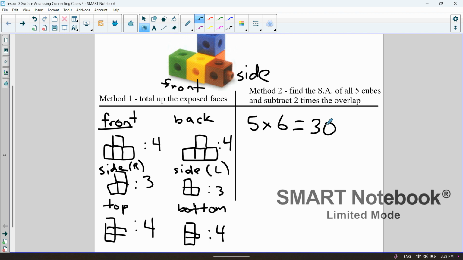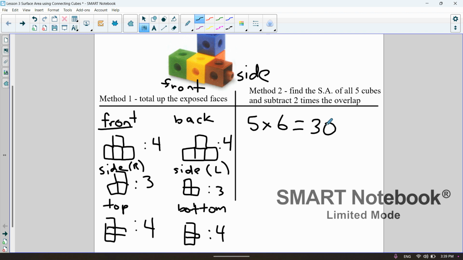Now that 30 includes some parts that are together, right? So we know that the cubes sticking together don't count towards our surface area. What I do is I take the shape in my hand and I count how many times I'm pulling it apart. If I pull it apart, I have to pay attention to how many faces are coming under overlap.